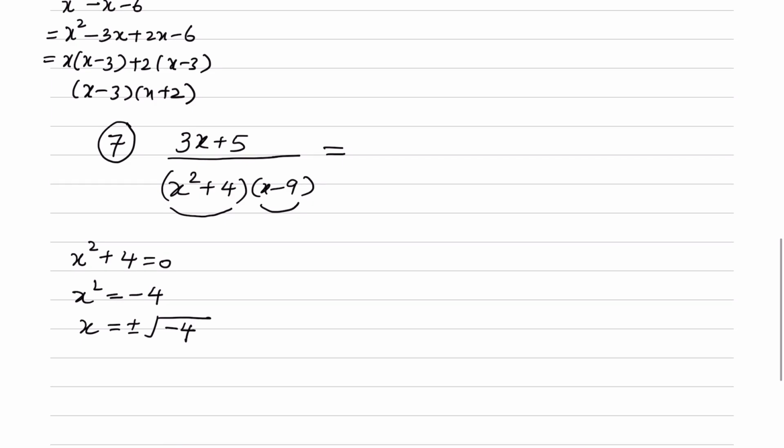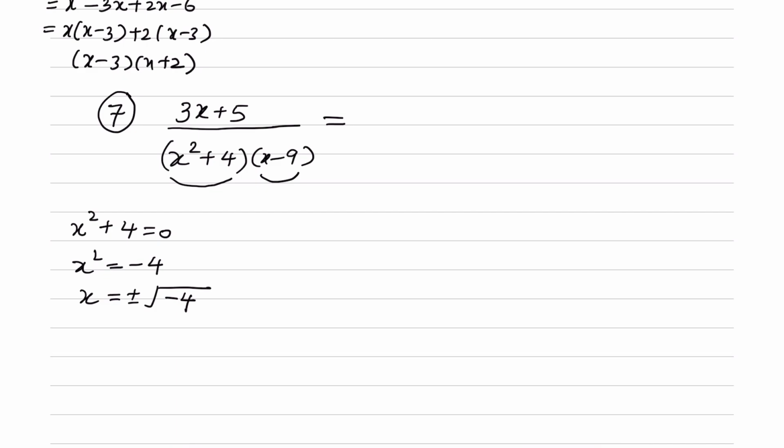We know that inside the square root a negative number is not allowed; it becomes an imaginary number. So no, x² + 4 cannot be factorized. So the rule for a 2 degree expression that cannot be factorized is (Ax + B) divided by (x² + 4) plus C divided by (x - 9).